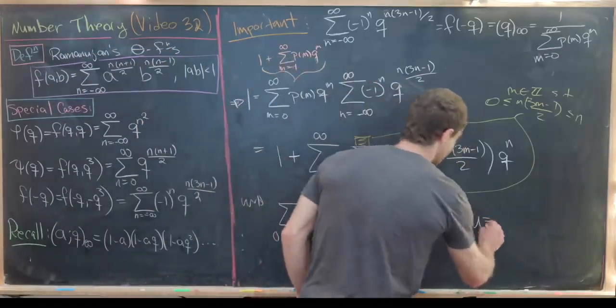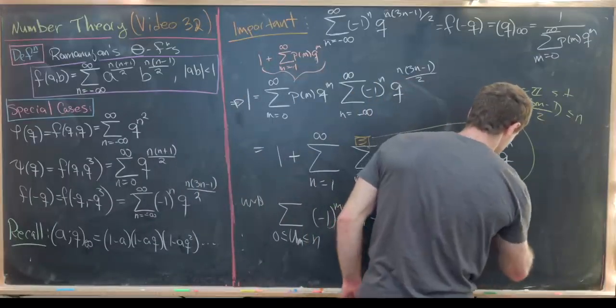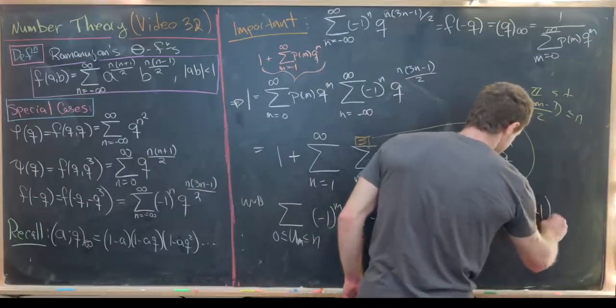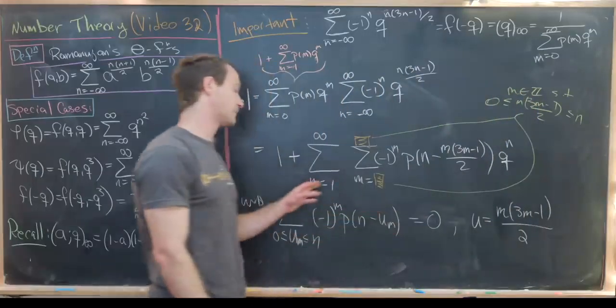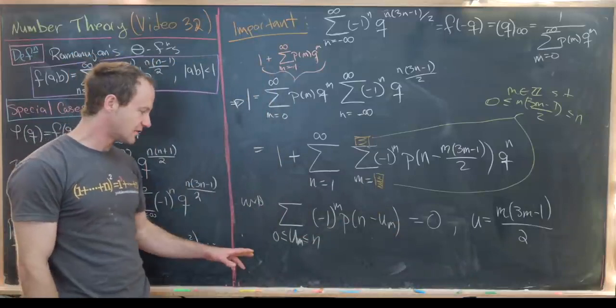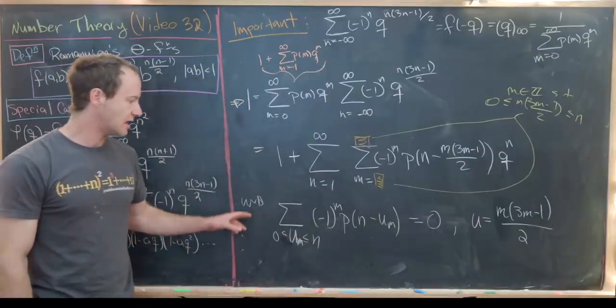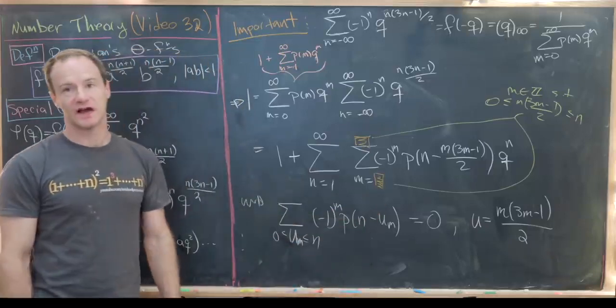Then let's define these u's. So u sub m is equal to m times 3m minus 1 over 2, summing over all possible values like that. But the standard thing to do here is to take the 0th term out and then move everything to the other side of the equation.